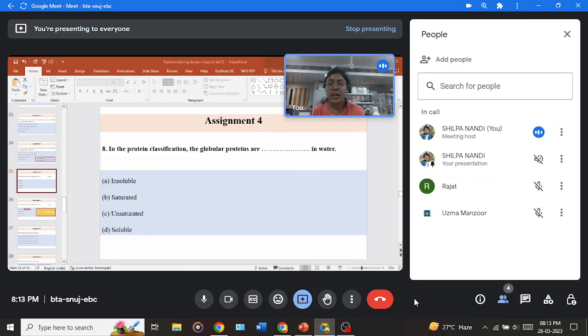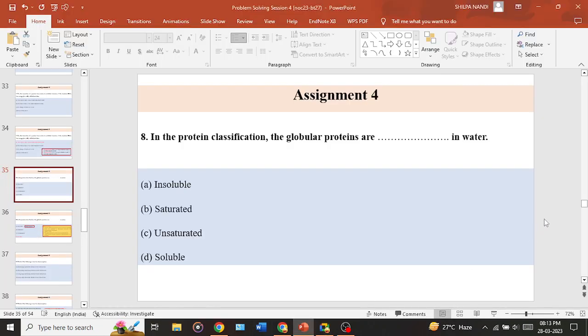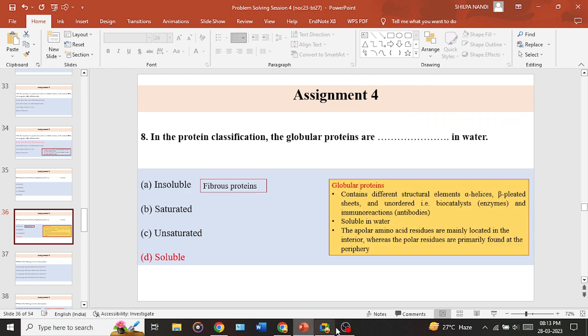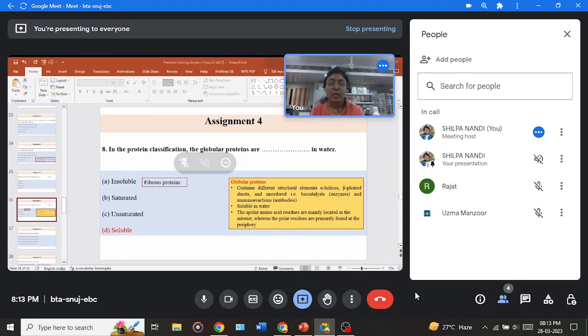Option B and option C are just given to confuse you a bit. The correct answer is soluble, and fibrous proteins are insoluble in nature, not globular proteins. You must remember that globular proteins are soluble in water.